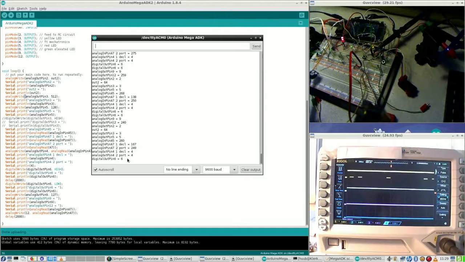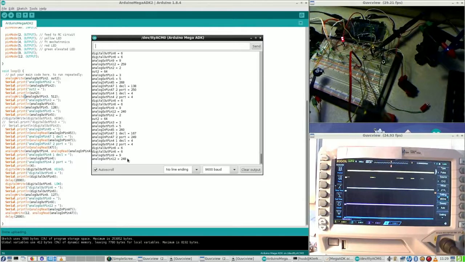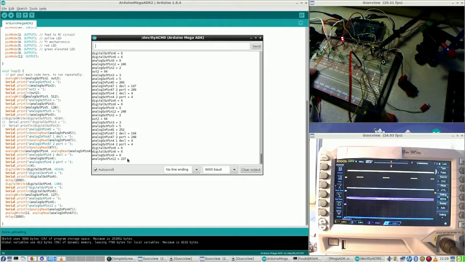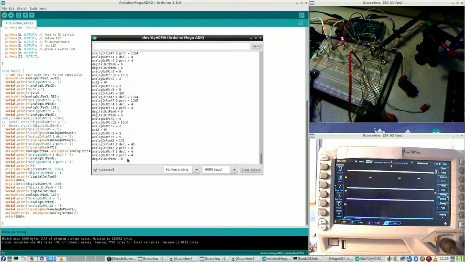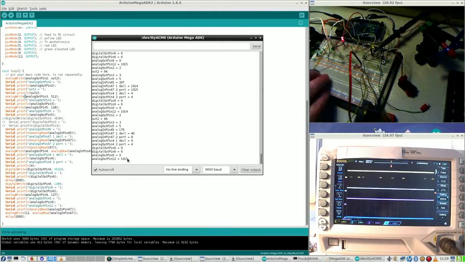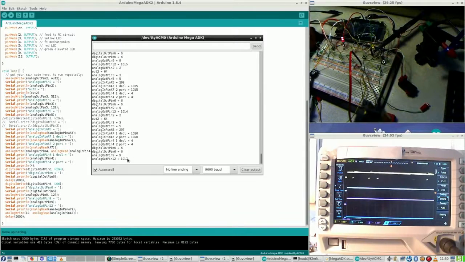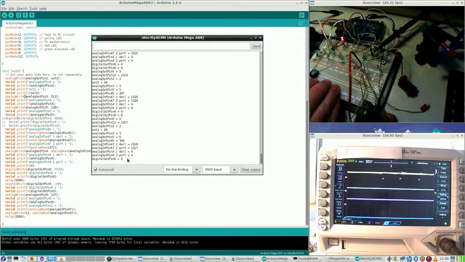Oh, and in the meantime I completely pulled this one. And I pulled this wire that drives the Mechatronics.